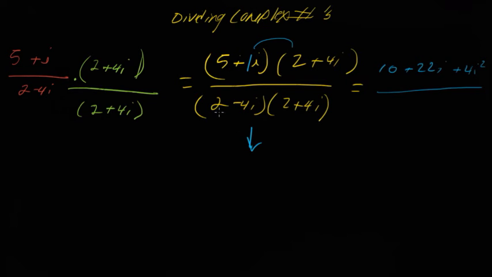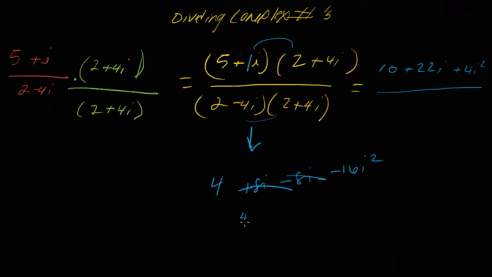Okay, so we'll have 2 times 2, which will give me 4. Then 2 times this 4i, which will give me a plus 8i. And then these two, negative 4i times 2, give me a minus 8i. And then our last term is minus 4i times plus 4i, which gives me a minus 16i squared. These 8i's cancel, right?